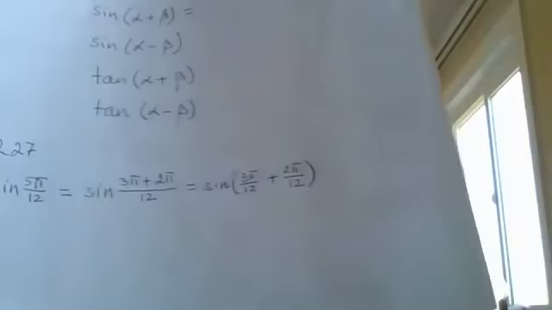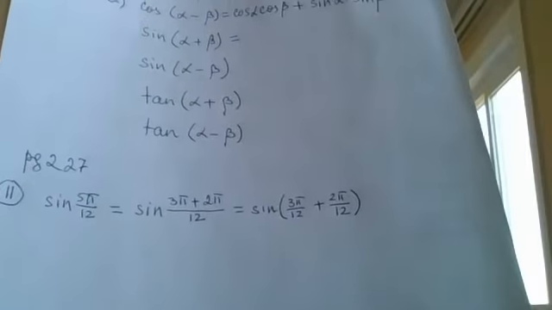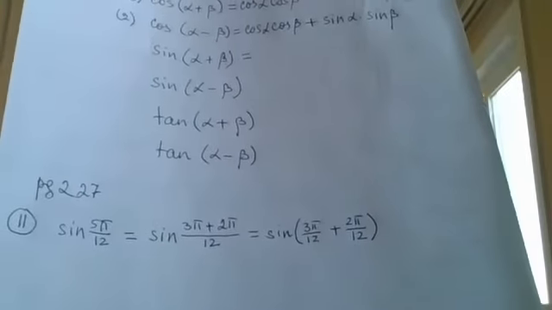Next step, we did it many, many times. I'm going to separately divide 3 pi by 12 and 2 pi by 12. 3 pi over 12 plus 2 pi over 12 is replacing that original fraction which we had under the sine.